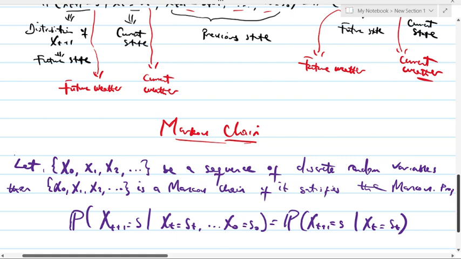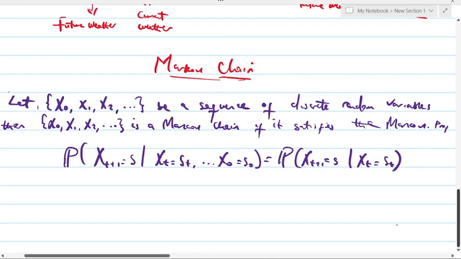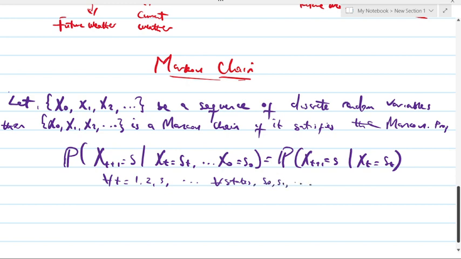Okay, I believe that is clear enough for you to understand. So this holds for all t equals 1, 2, 3, and so on, and for all states x0, x1, and so on.